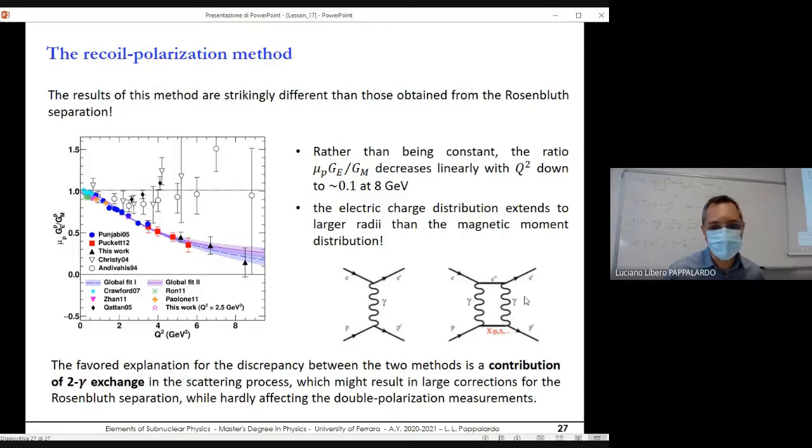Or if you want to take this into account, the formula will change quite significantly, so your results are not actually correct, whereas this does not make any difference for the polarization technique. So the favorite explanation for the discrepancy between the two methods is the contribution of this two-photon exchange, which might result in a large correction for the Rosenbluth separation and hardly affect the double polarization technique. That's it for today.